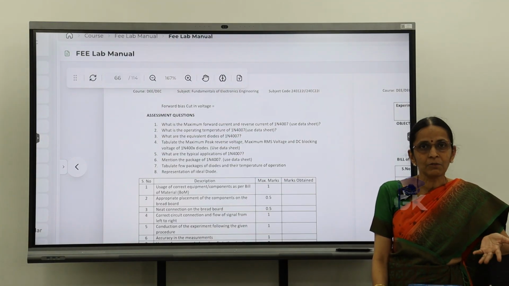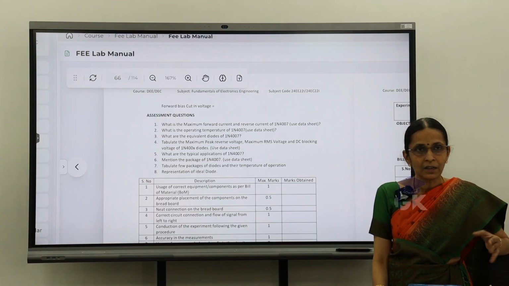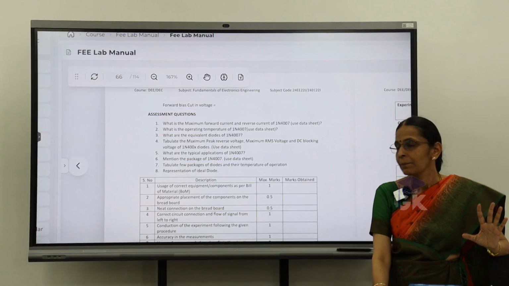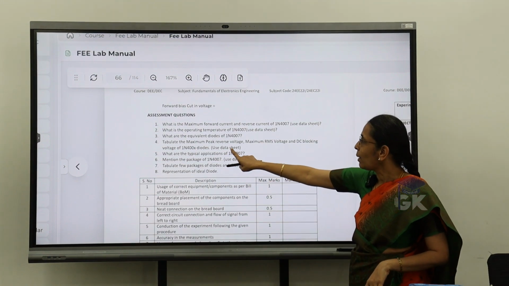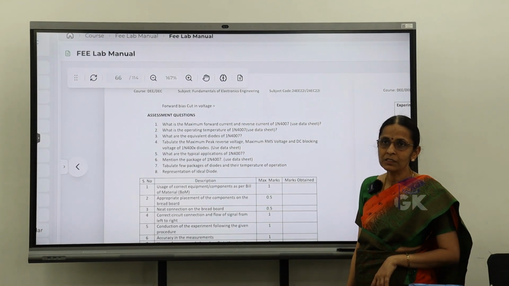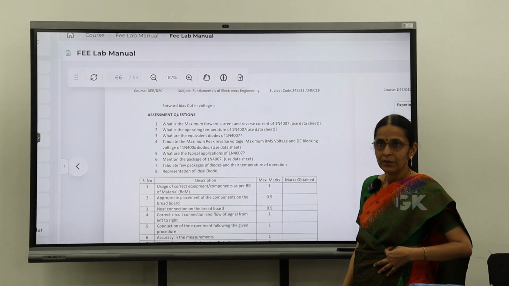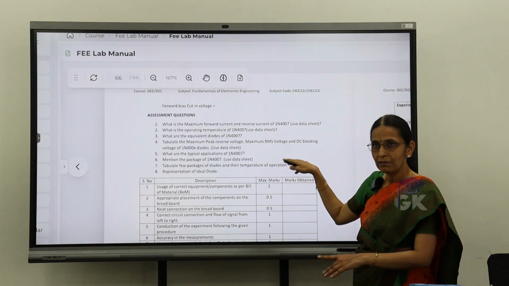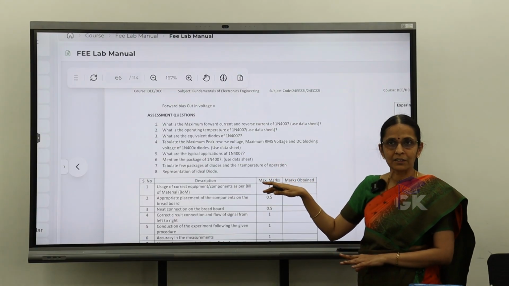What could be the equivalent with which I can replace it? If you search on the net, you will get the equivalent diodes. So that also has to be listed. Next, tabulate the maximum peak reverse voltage, RMS voltage and DC blocking voltage of this 4000 series. So you can use the data sheet and then you can write it. And I have given there only within brackets where all to use the data sheets.